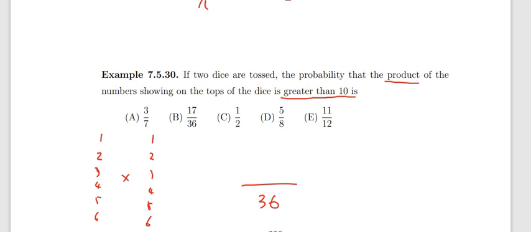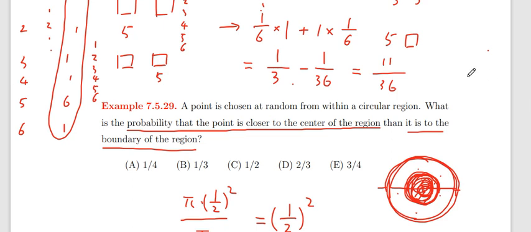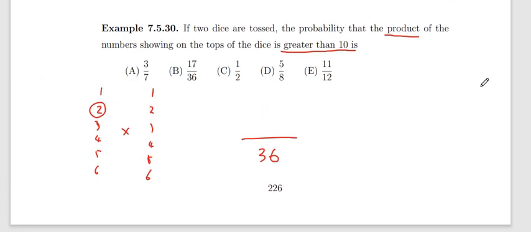If the first one is 1, then the product cannot be larger than 10. If we pick a 2, we check how many cases. If the first one is 2, then the second one is 6, so we have one way, right? If the first one is 3, then it could be 4, 5, 6, so 3 ways.